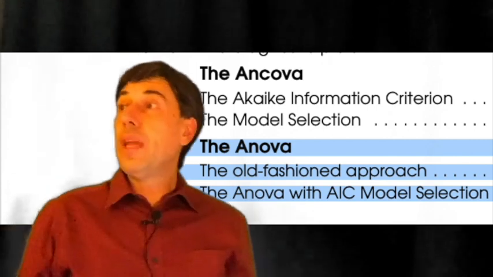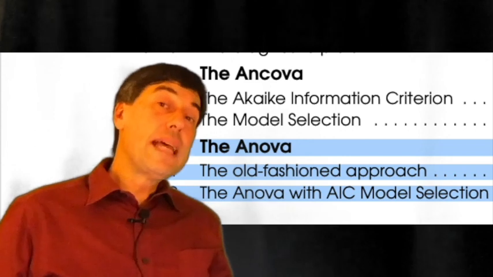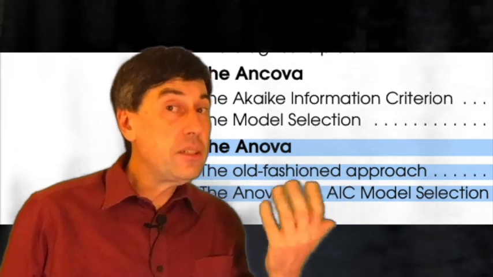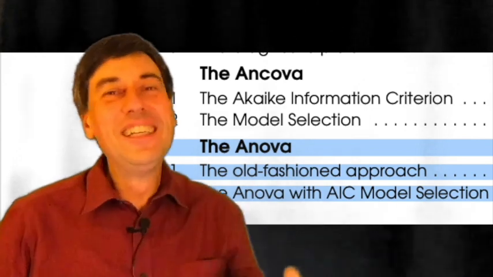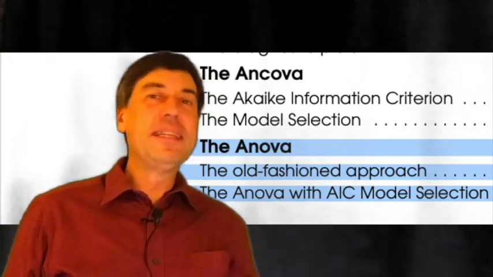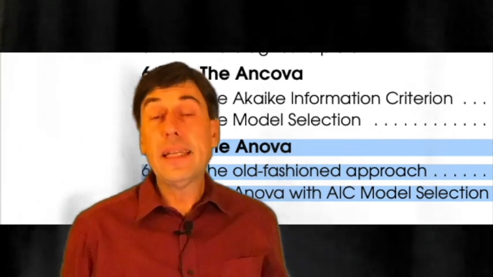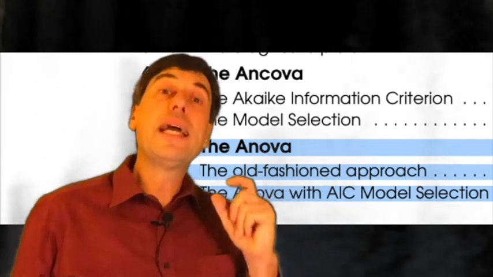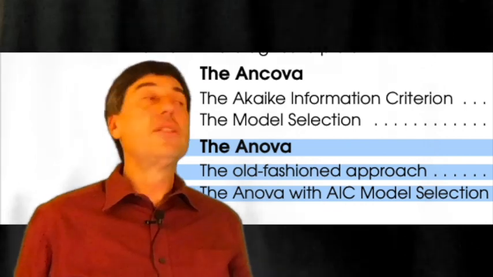After introducing ANOVA, which is, let's say, an old-fashioned approach to this problem, we will forget it because we move forward and discuss in great detail the current approach, which exploits, as you learned in the last lessons, the Akaike information criterion in order to select the best model explaining your data, your response.